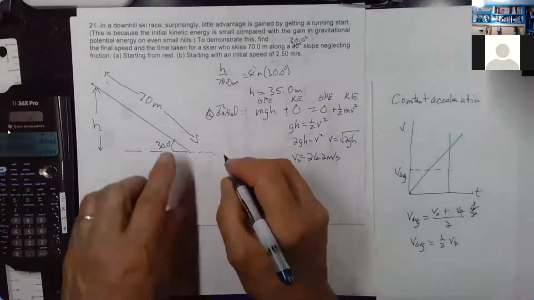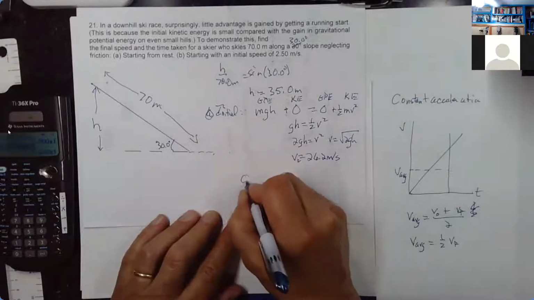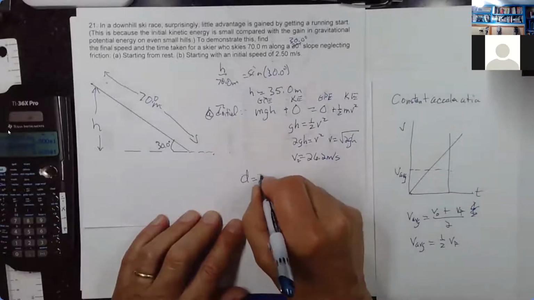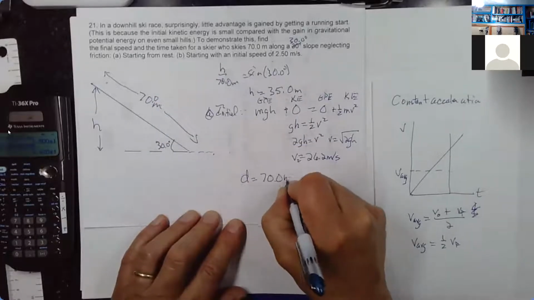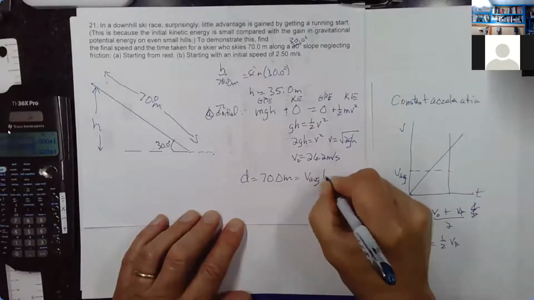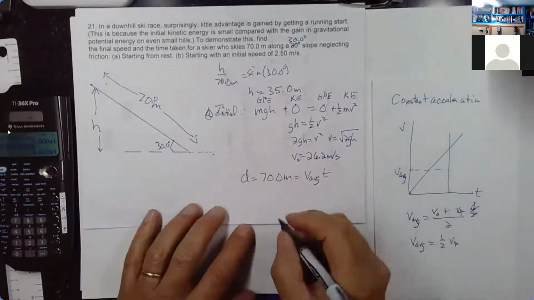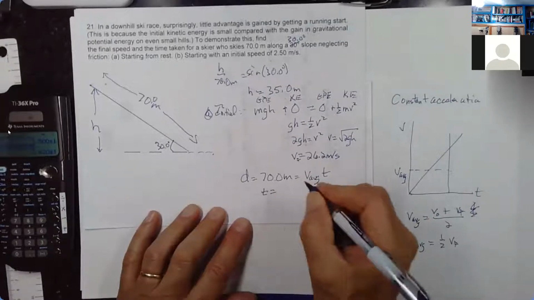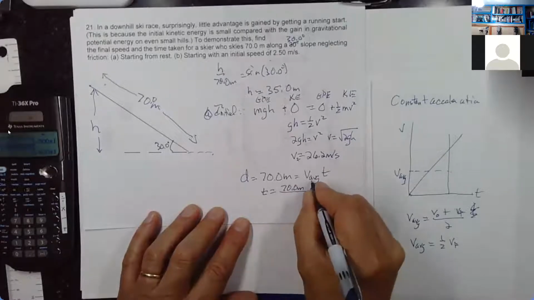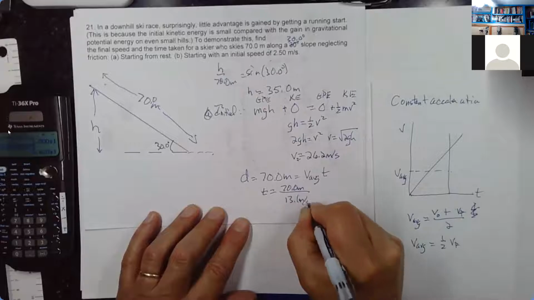And the distance traveled, which I can let x be down the plane, the 70.0, I forgot the 0.0 on that one, is going to equal V average times t, but V average is just half of that. So the t that it takes is going to be 70.0 meters divided by V average, which is 13.1 meters per second.